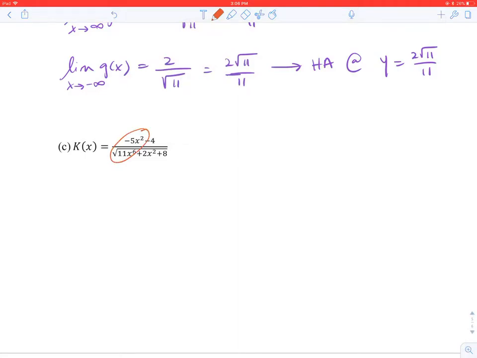Okay, for capital K(x), our end behavior model, the denominator ends up simplifying to be the same thing. So root 11 x cubed. So we'll have negative 5 over root 11 x.